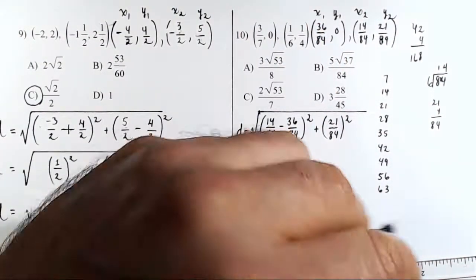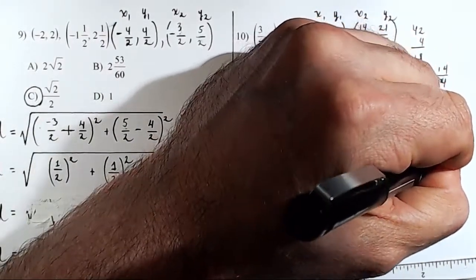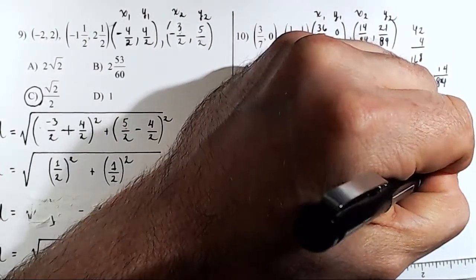Okay, so 14 minus 36, that'll be 36 minus 14, the result being negative, and that is 22.